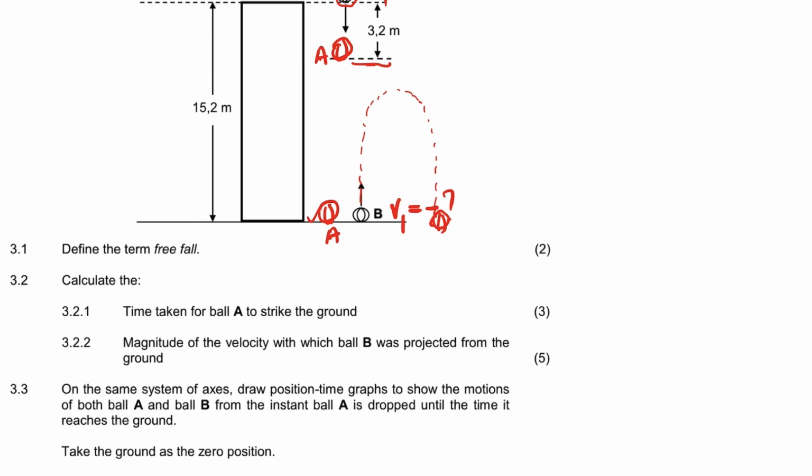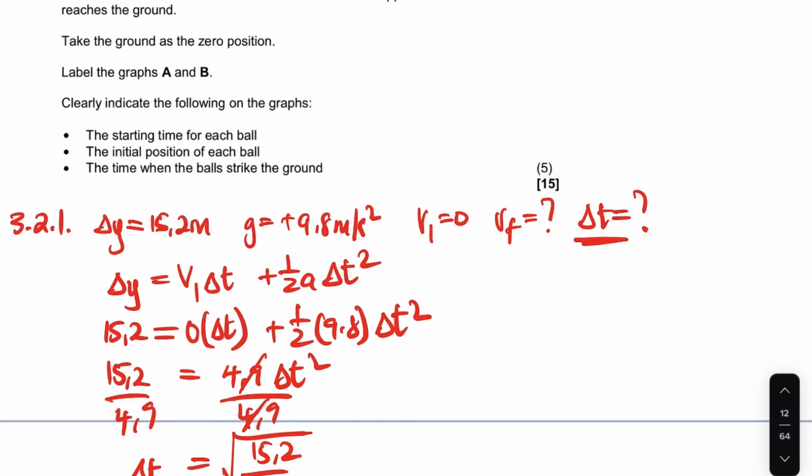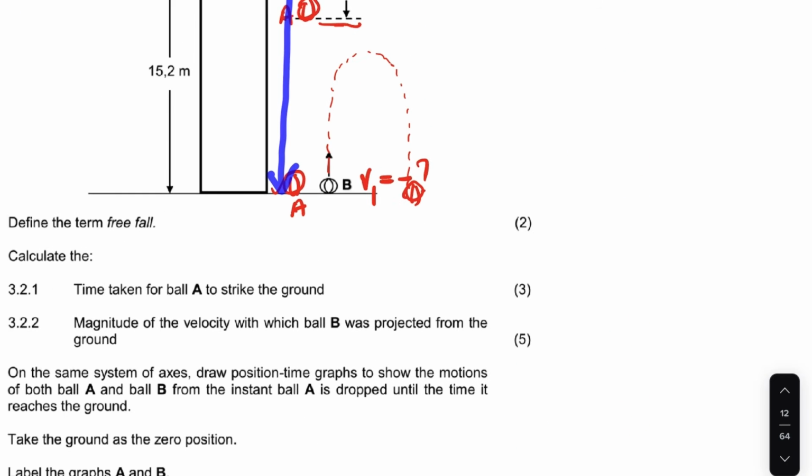It will tell us how long ball B took. Since ball A took 1.76 seconds, ball B was thrown 0.81 seconds later.